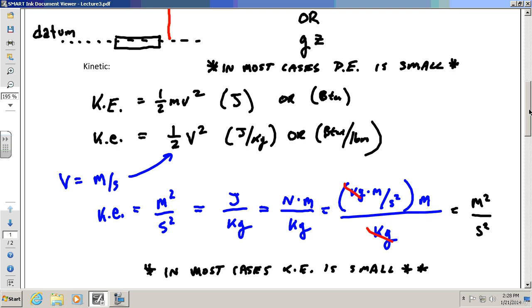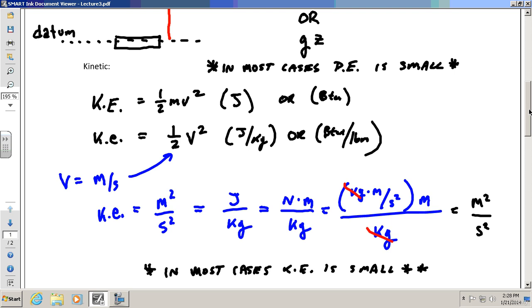If they didn't give you any height information, what would they not give you in a problem to make you think that kinetic energy was small? Velocity information, yeah. So let's say you have no idea of the velocity of the airflow or the velocity of the water coming down somewhere or whatever it is. You don't have any velocities. If you have no velocities given, they must be small.